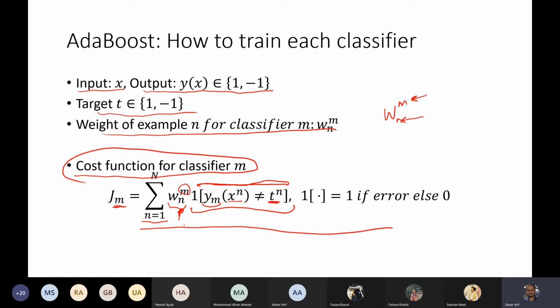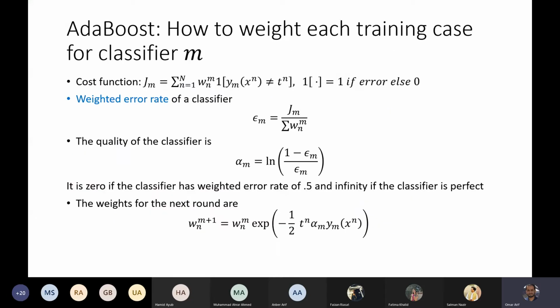But if the weight for that particular example is really high, and you have wrongly classified it, it would have a significant effect on the cost function. Okay, so this is how we're going to go. This is my cost function.